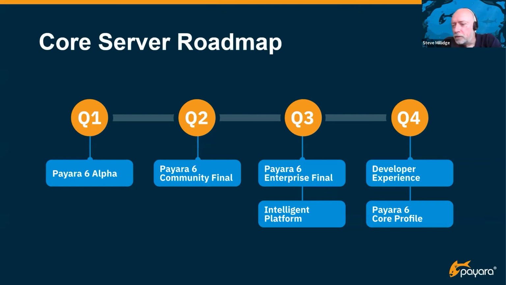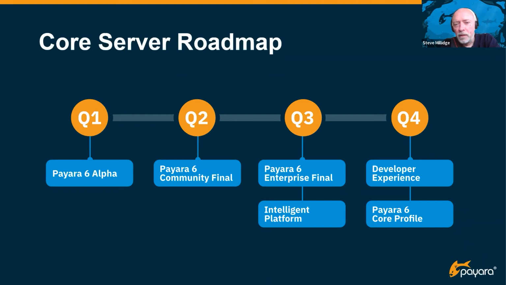Something that I haven't talked too much about in Jakarta EE 10 is that there's a core profile coming out. We don't know when it's going to drop, so we will support core profile, and we put that in Q4 because we don't really know when core profile is going to drop from a Jakarta EE perspective.